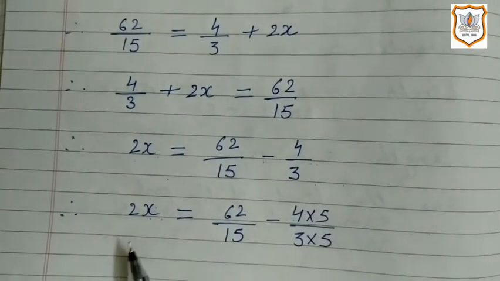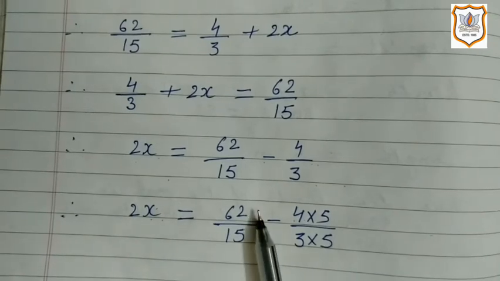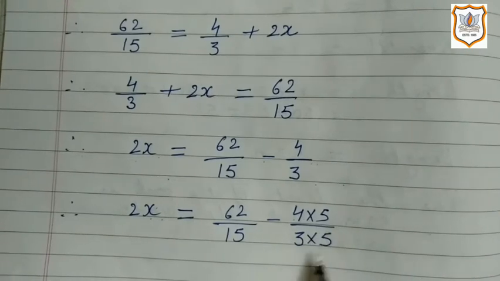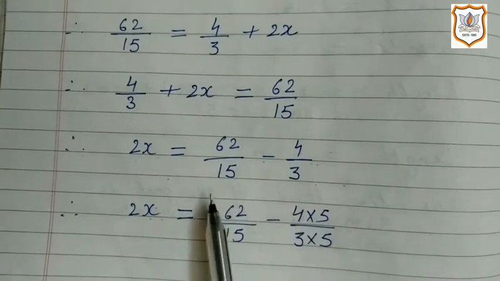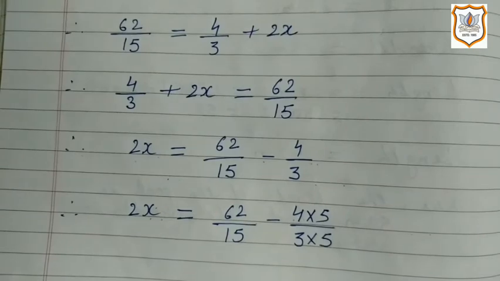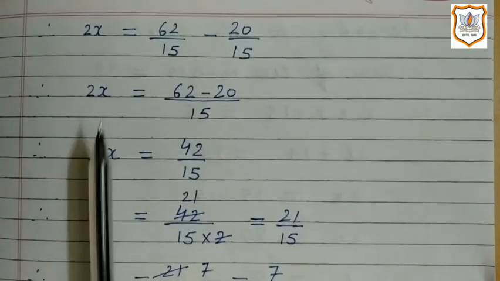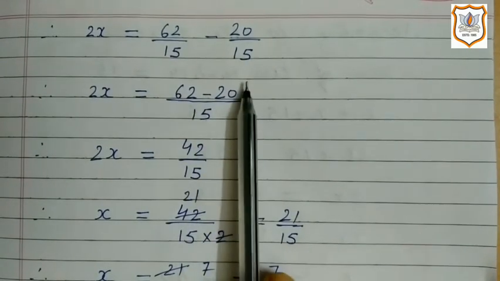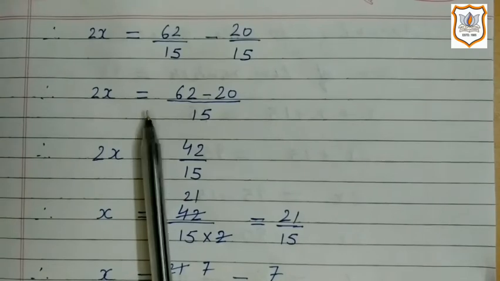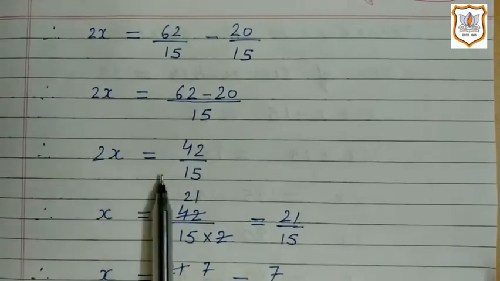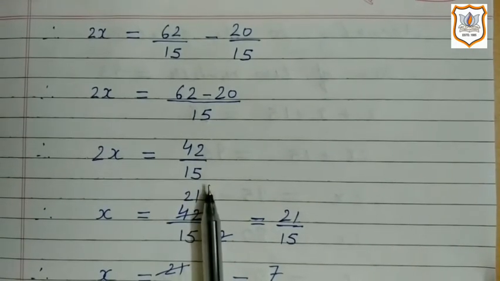When we solve, 2x is equal to 62 upon 15 minus 4 multiplied by 5 upon 3 multiplied by 5, because the LCM of 3 and 5 is 15. So we multiply this fraction by 5. 2x is equal to 62 upon 15 minus 20 upon 15. 2x is equal to 62 minus 20 upon 15. Next, 2x is equal to 42 upon 15.